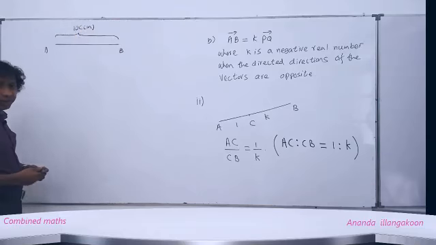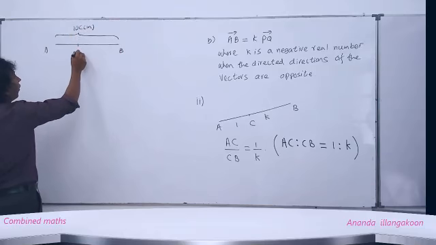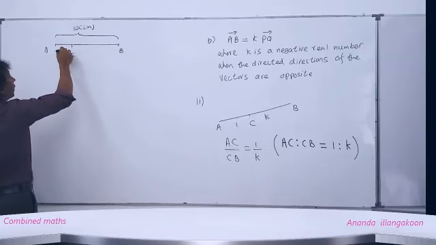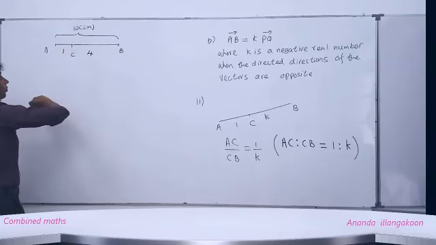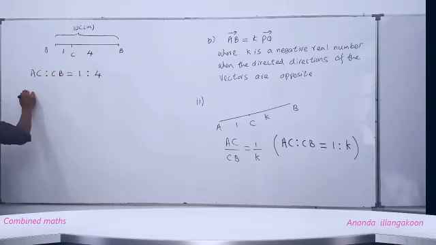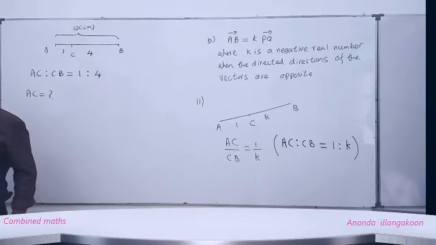There's a point C on this line. That C divides this line AB internally in the ratio 1 is to 4, AC is to CB equals 1 is to 4. Then my question is, what is this AC length?